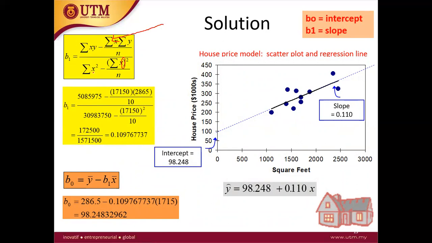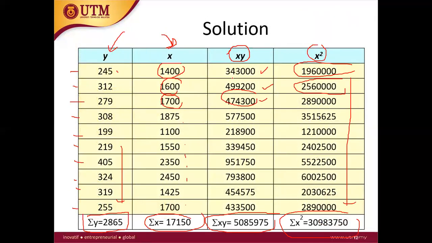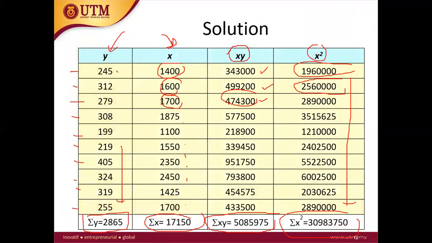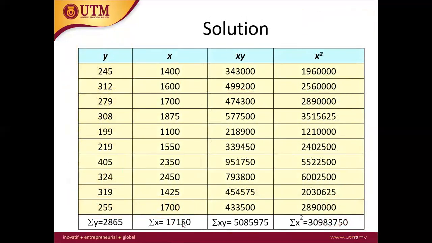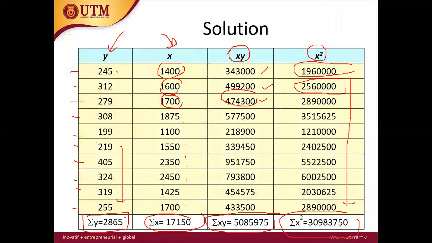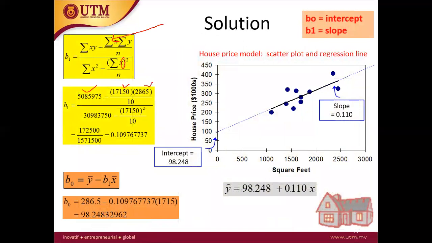There is no bracket here. So the sum of XY from the table, we get 5085975. The sum of X, we get 17150. The sum of Y, 2865, from here.